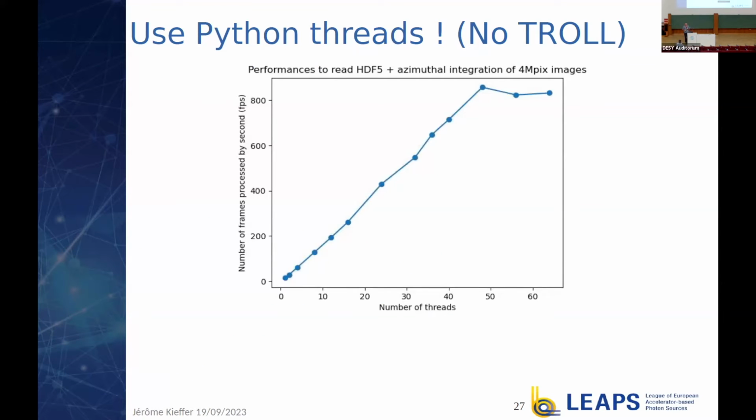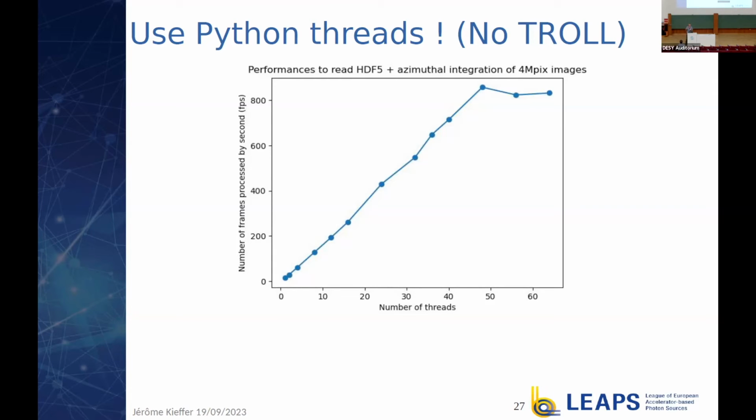Now we can use a Python thread pool, and what we see, if we increase the number of threads, the computer has 64 cores, 2 times 32, is a nice linear scaling of the processing speed from 22 frames per second on a single thread up to 850 frames per second, around 40 or 45 cores used. I guess this plateau is linked to the fact that we are hitting the GIL, the Python global interpreter lock, but probably also the lock inside HDF5.